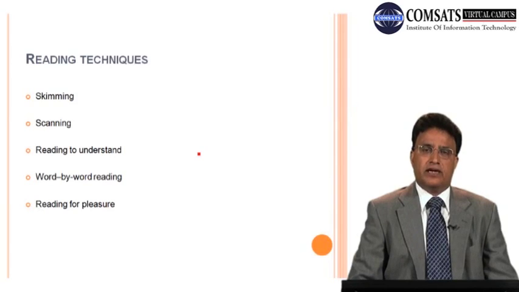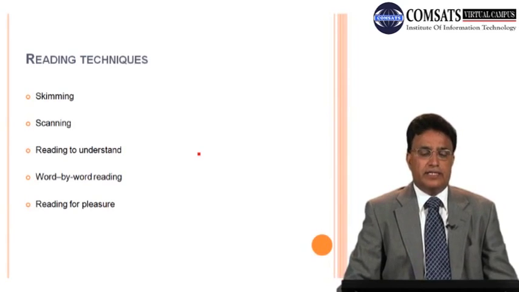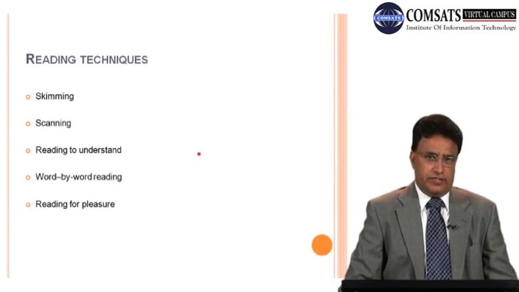The purpose of this type of reading is that you get an overall idea about the text, and that is the first stage of reading. When you buy a book, for example, you do this type of reading to see whether the book would be useful for you or not.